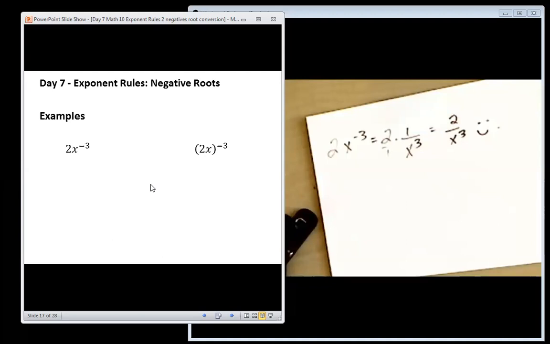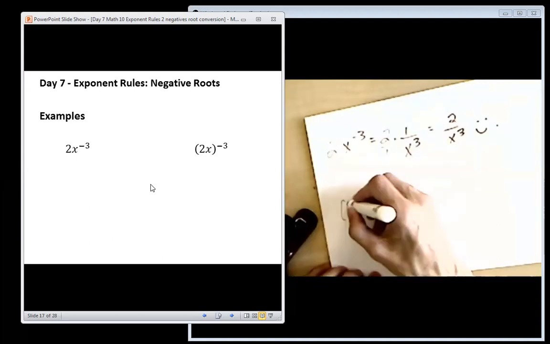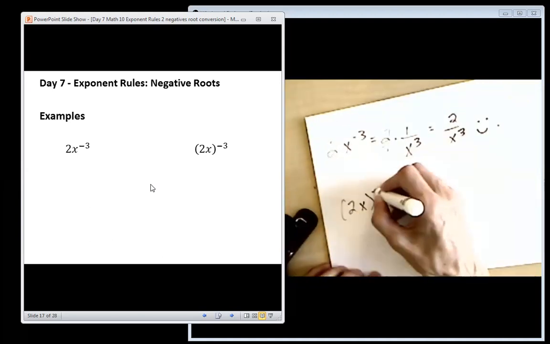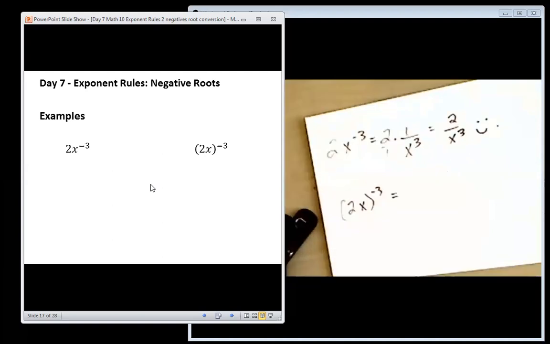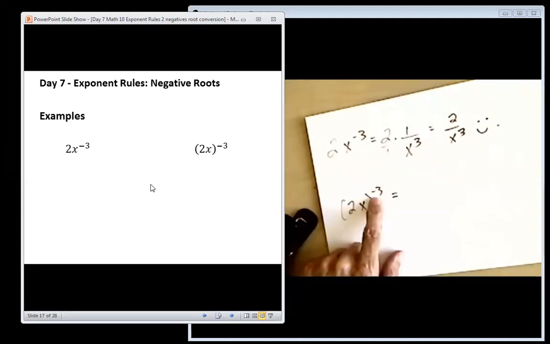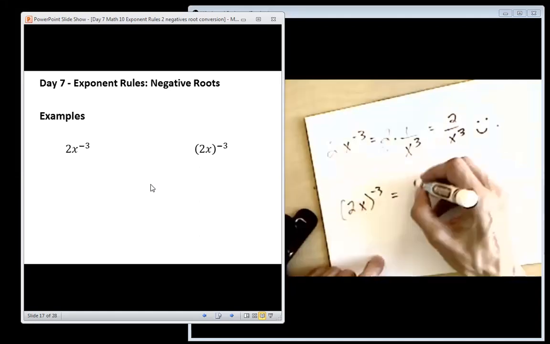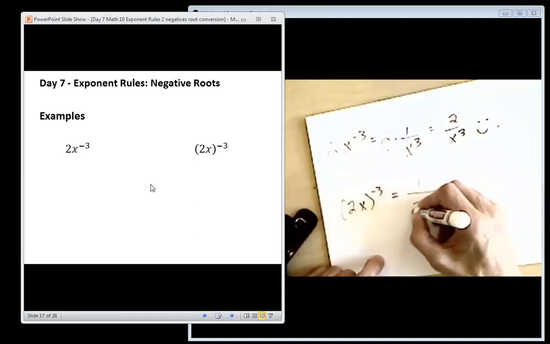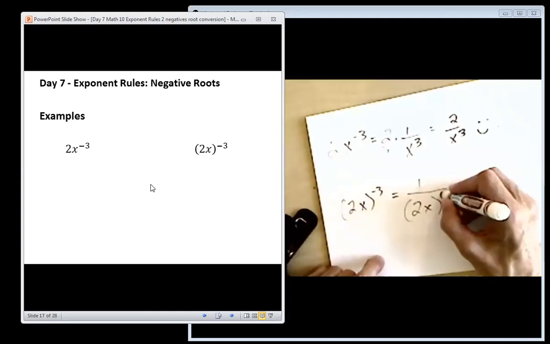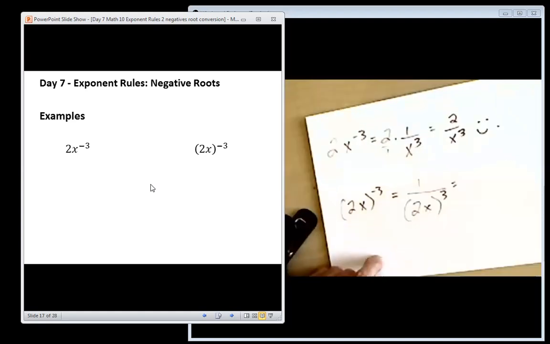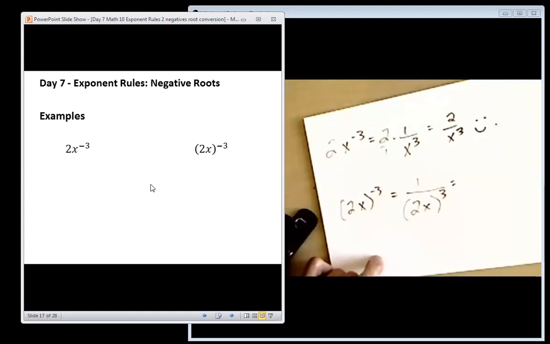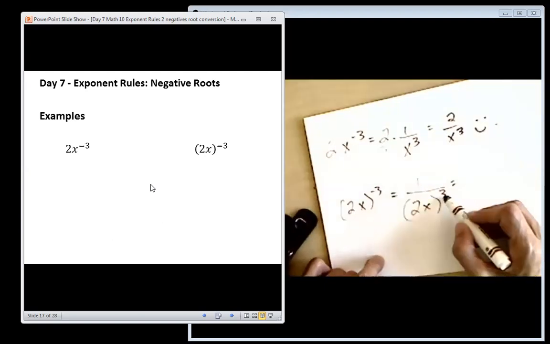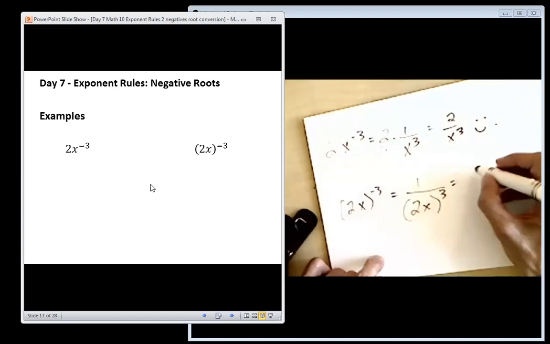The other one, the brackets capture everything now, right? So to get rid of that negative, what goes to the bottom? Everything. So you get, as a first step, still in the brackets, looking like this. To take it further, the bracket goes to each number on the inside.